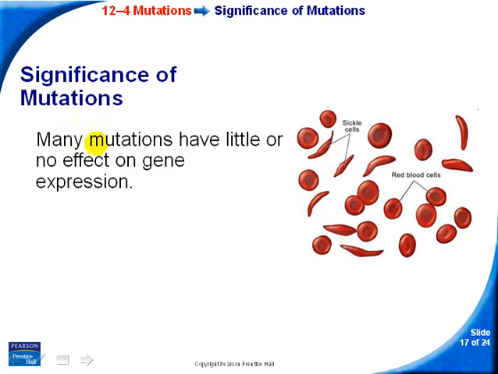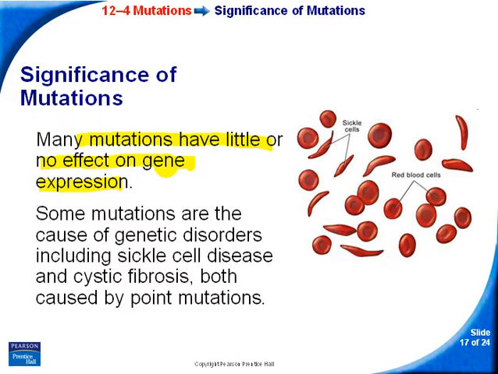Now, most times, mutations have little or no effect on the gene expression. Often it occurs in an area where there's no gene to be expressed. However, sometimes it could lead to genetic disorders such as sickle cell disease and cystic fibrosis, and these are both point mutations.